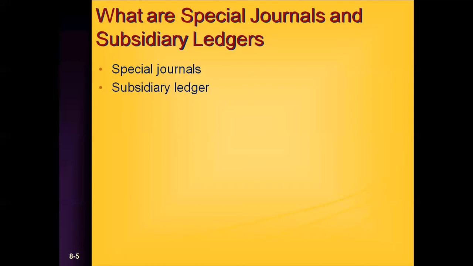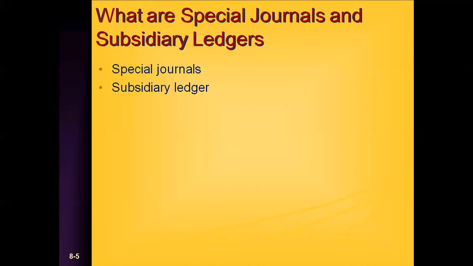Where the special journals could actually replace the general journal, these subsidiary ledgers basically support the general ledger, but do not replace it. And again, these could be related to accounts payable, accounts receivable, inventory transactions where there's a high volume of activity.